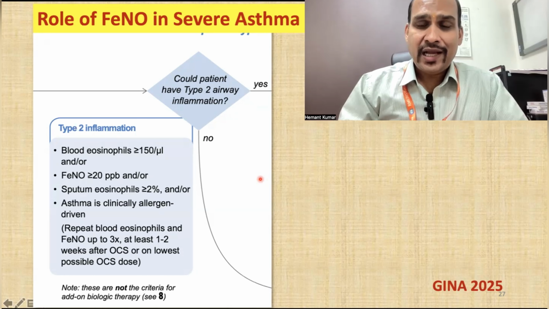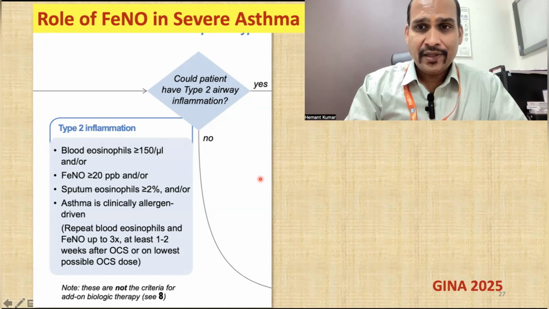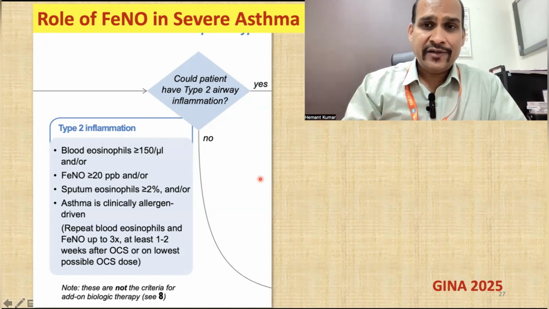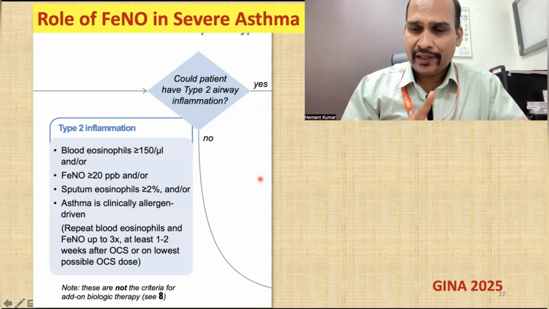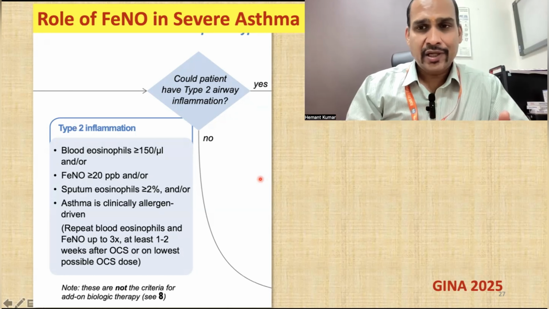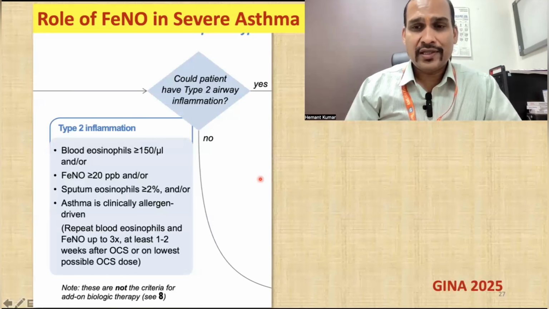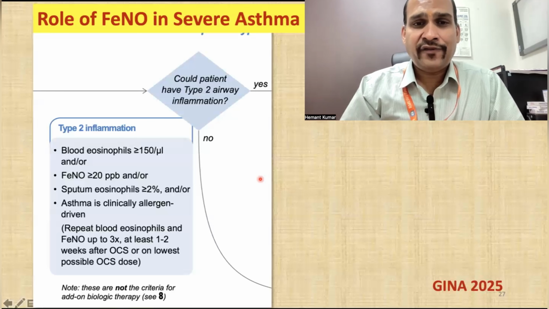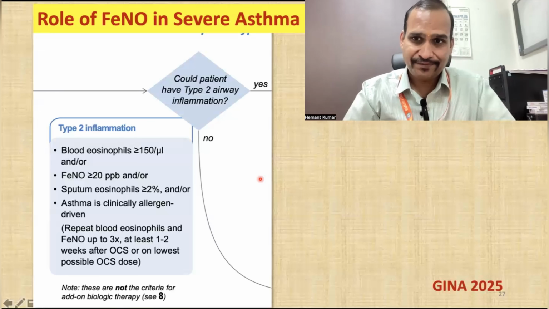Severe asthma is asthma which is uncontrolled despite taking step 4, step 5 treatment when other modifiable factors are ruled out: the patient has the correct diagnosis of asthma, all comorbidity has been ruled out, and the patient is taking the correct inhaler technique, correct doses, correct timing. Despite this, if the patient has uncontrolled asthma with step 4, step 5, that is called severe asthma.